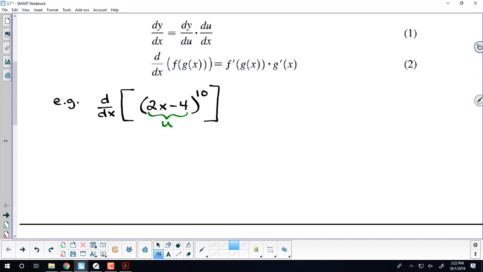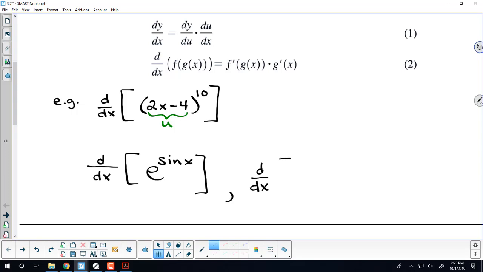Other variations are pretty much endless. Take the derivative of e to the power of sine x, or take the derivative of tangent of e to the x squared. All of those involve a chain rule.